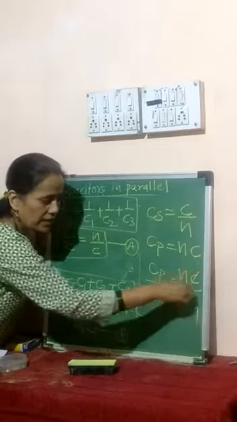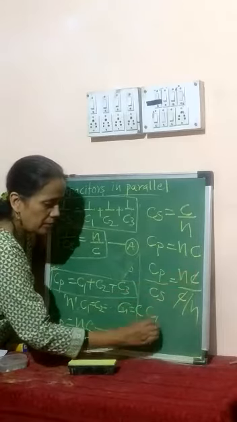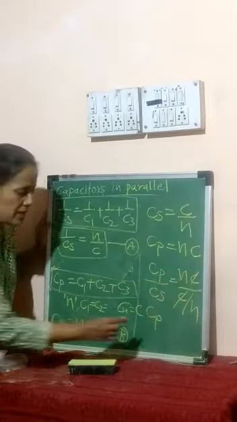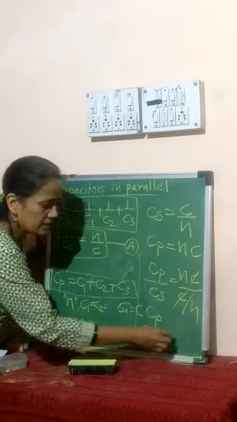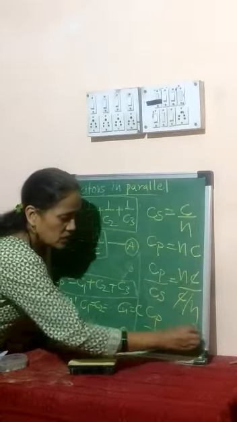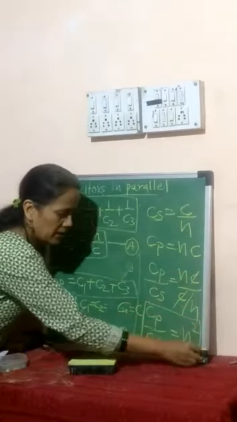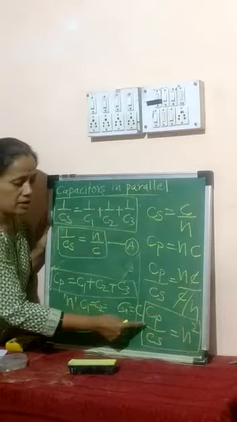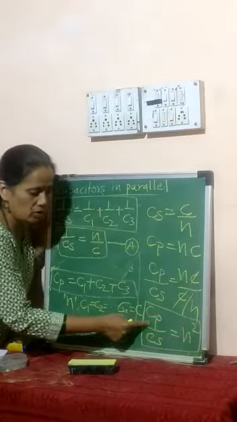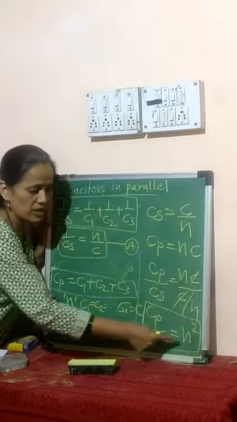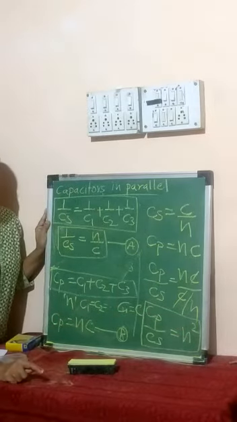The C factor gets cancelled, and I get Cp upon Cs is equal to n squared. This is the relation between the equivalent capacitance in parallel combination and series combination: it is equal to n squared.